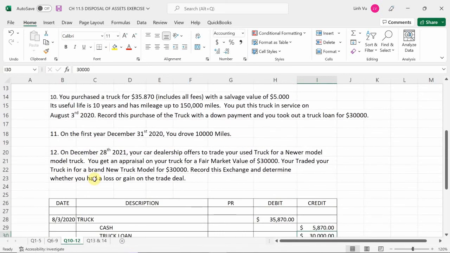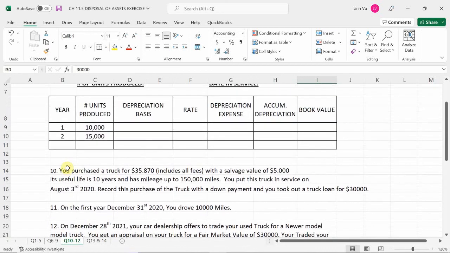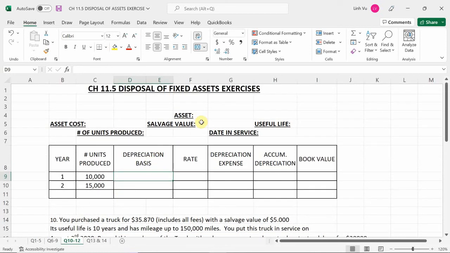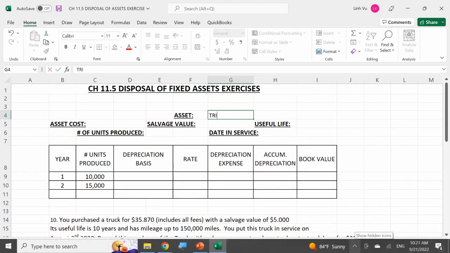Number 11 says on the first year of December 31st, 2020, you drove 10,000 miles. Okay, so therefore, let's go ahead and depreciate. So let's go ahead and fill out this. What did I buy? A truck. We bought a truck. How much? 35,870.